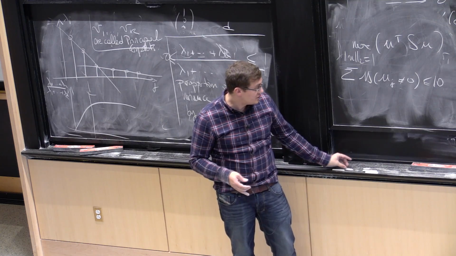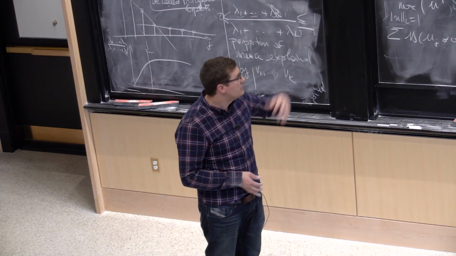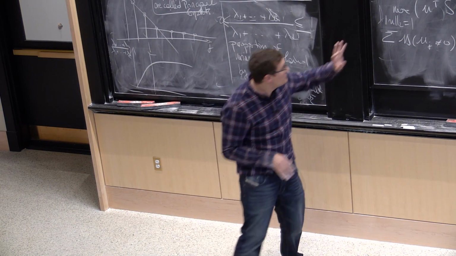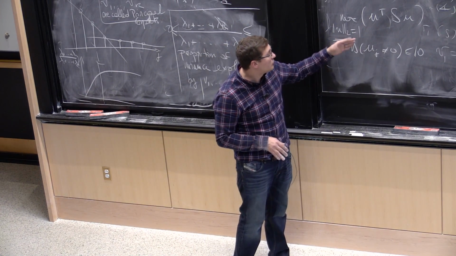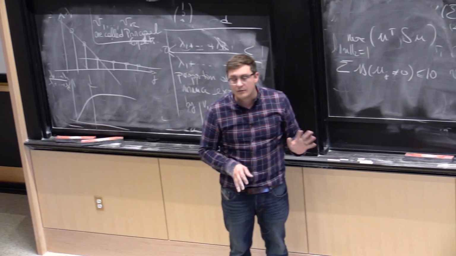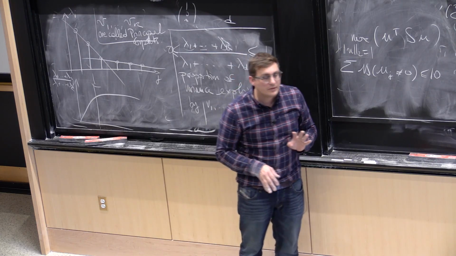There are some packages that implement heuristics, iterative thresholding, all sorts of numerical tricks. But the problem they're trying to solve is exactly this. Among all directions that have norm 1, of course, and at most, say, 10 non-zero coordinates, I want to find the one that maximizes the empirical variance. OK?